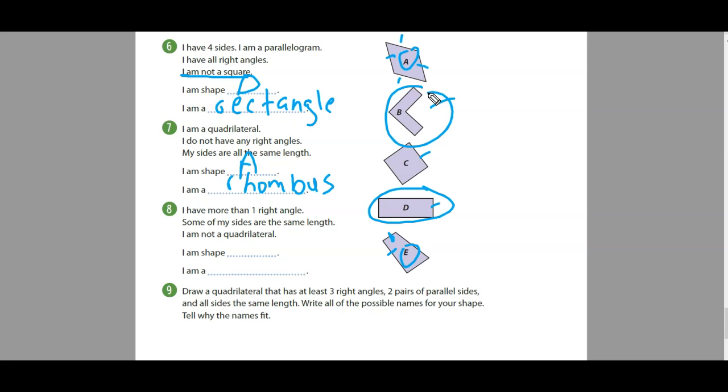I am shape. So this is a quadrilateral, so it has to be B. And it's just a shape. Based on sides 1, 2, 3, 4, 5, 6, you can call it a hexagon. Okay, and on the 7th piece of paper, you can do number 9.